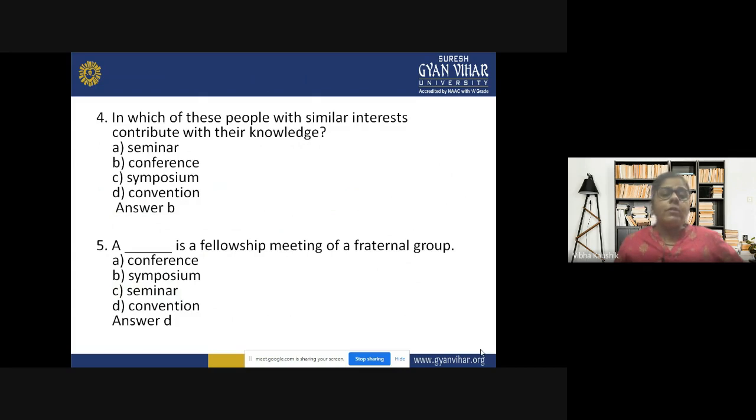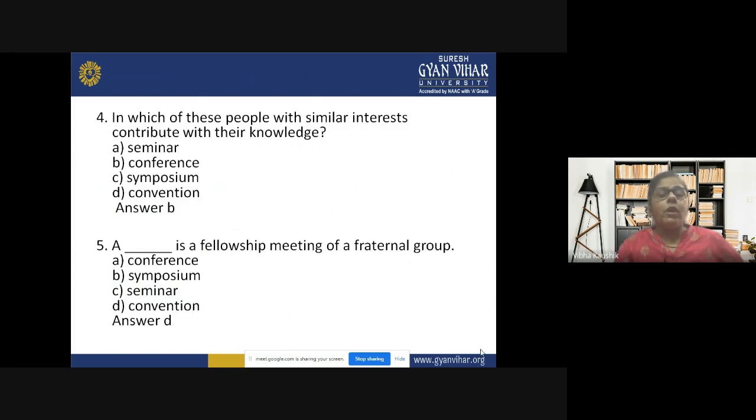Now the options are A seminar, B conference, C symposium, or D convention. So students, these are the options, and now you have to select the correct answer on the basis of the given choices. And the correct answer will be option B, that is, a conference should be organized where the people with similar interests contribute with their knowledge.